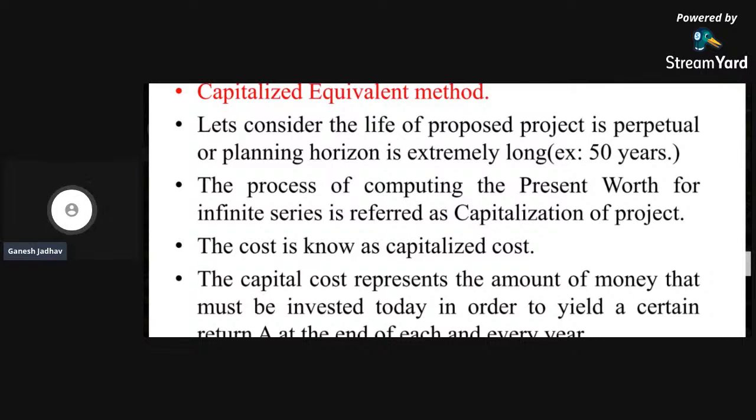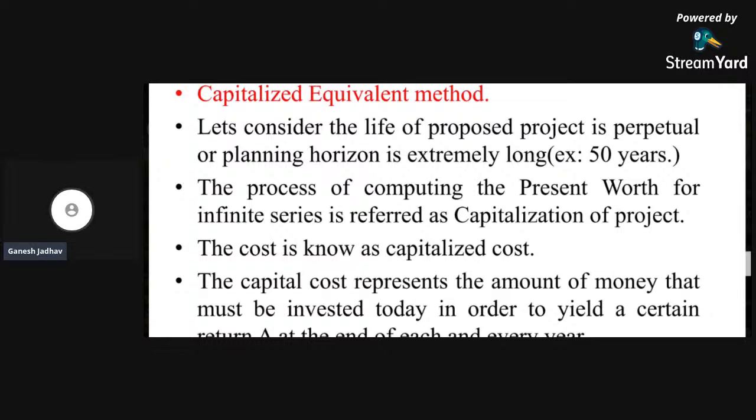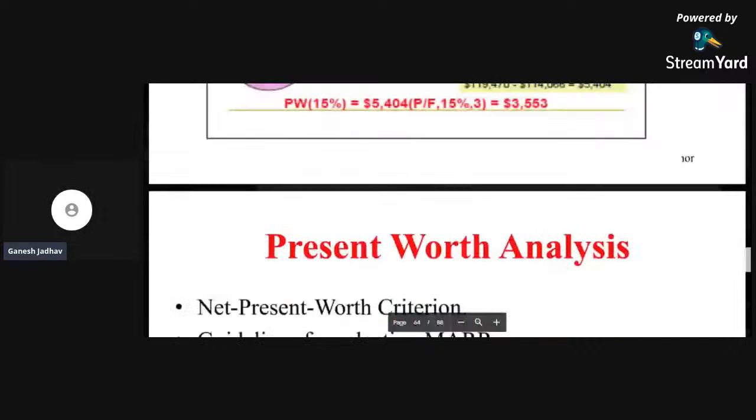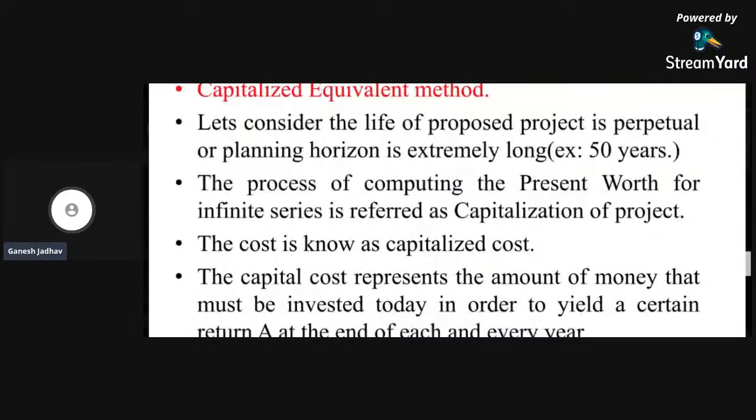But in the first concept, the investment pool concept, it is only a short period, whereas in the capitalized equivalent method it is a much longer period.